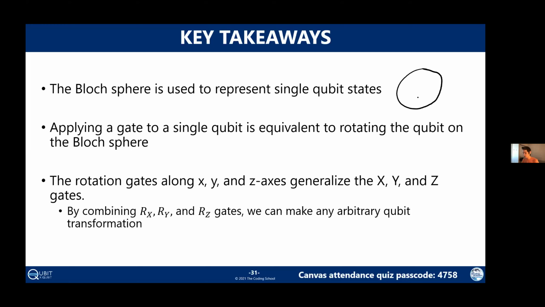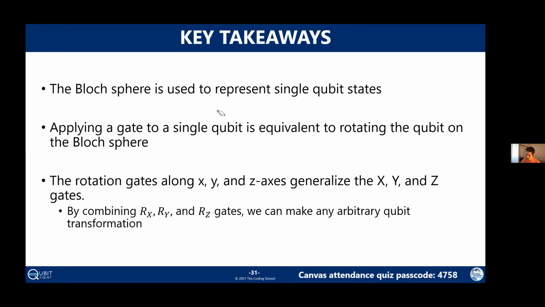So there's this nice correspondence between the two. Applying a gate to a single qubit is equivalent to rotating the qubit on the Bloch sphere. That's all of these practice questions we've been doing, rotating things around different axes. Every single qubit quantum gate, that is a technicality, because all of this only works with a single qubit, but it's still very helpful. Every single qubit gate is a rotation of the Bloch sphere.